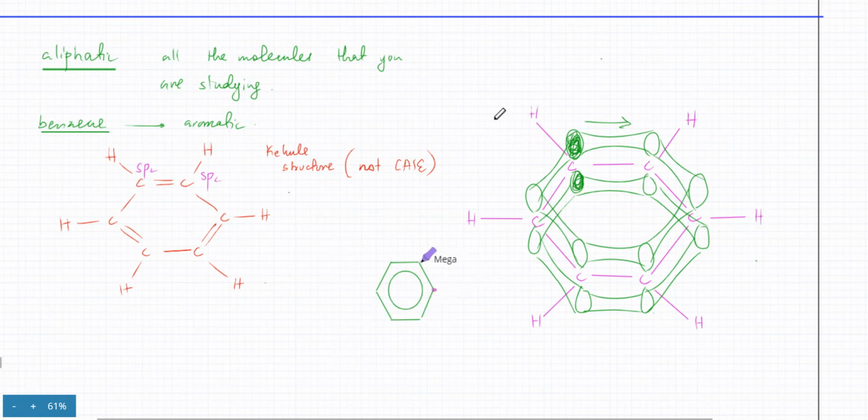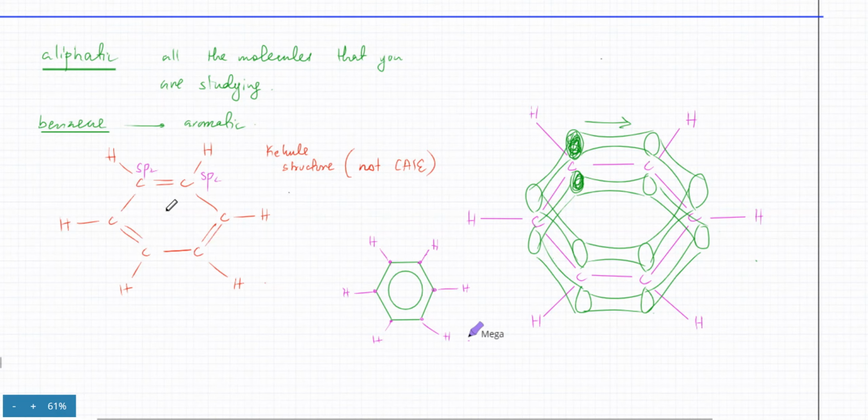These are the carbon atoms, and each carbon atom would be bonded to one hydrogen. So there would be one hydrogen bonded to each of the carbon atoms, right? So you don't actually show these double bonds. You show a ring which has a delocalized electron cloud.